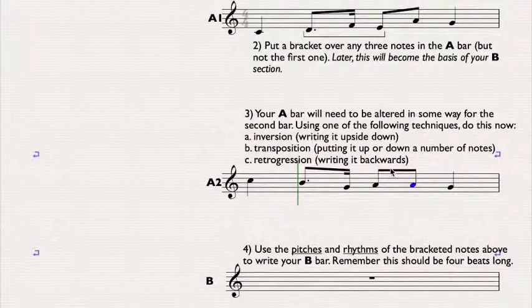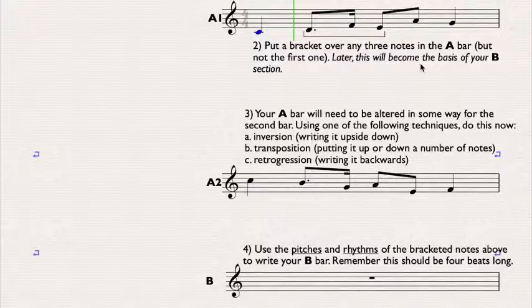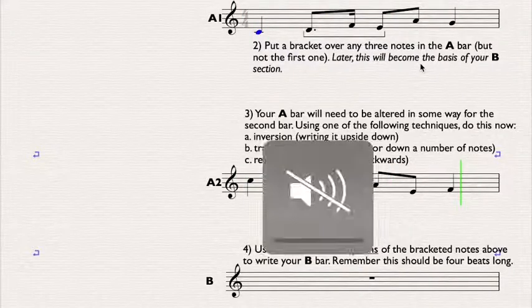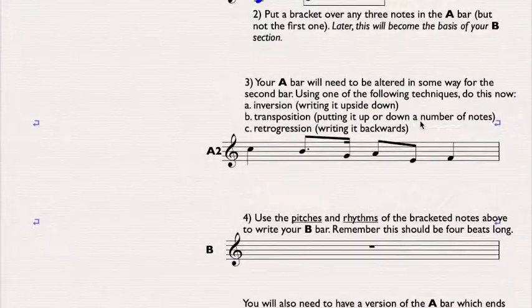Then it went up 3 notes, so we'll go down 3 notes, and then it goes down 1 note, so we'll go up 1 note. So the 2 together sound like this. So it's recognisably the same bit of melody, isn't it?